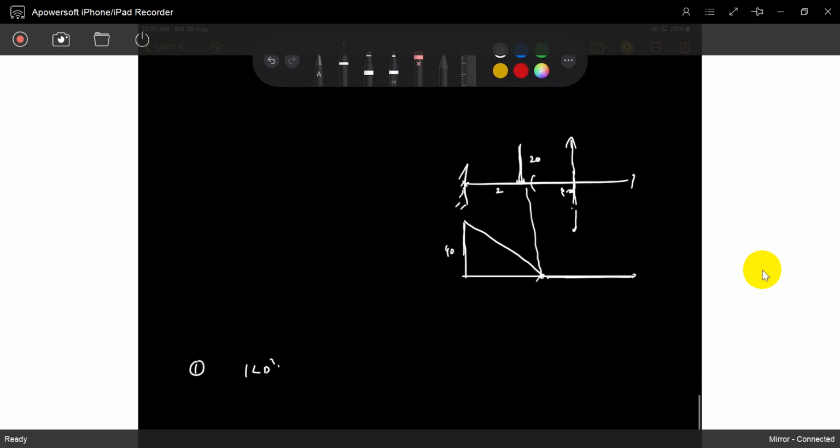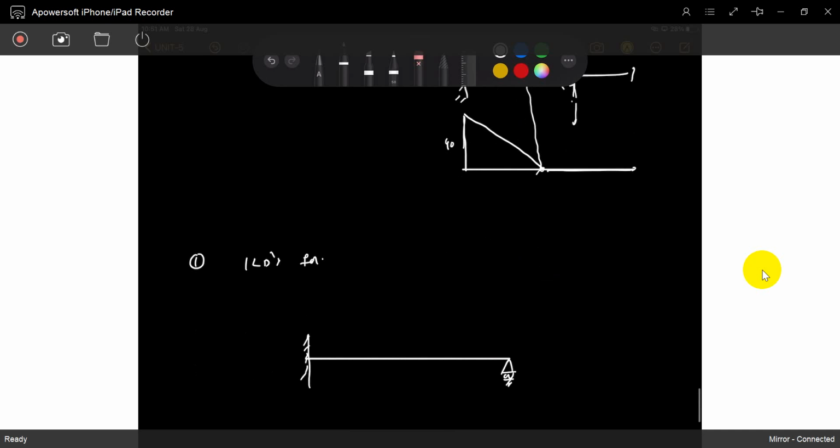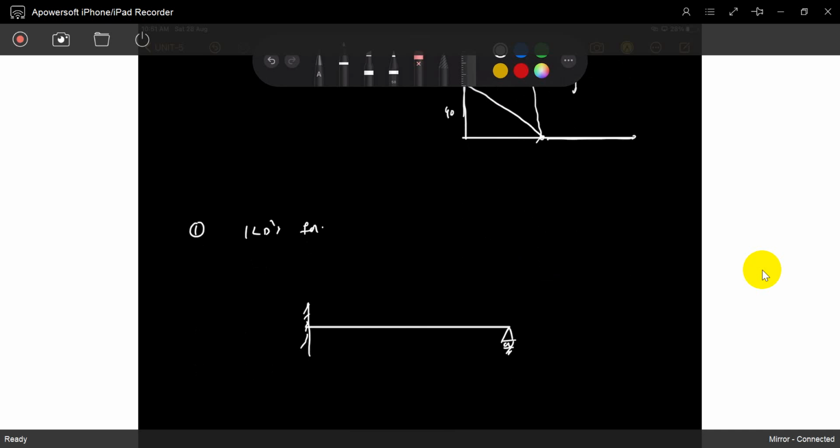Develop ILDs for this. Sir, this is a proper cantilever. It has indeterminacy of 1. So you can't directly find out the reactions and moments. So sir, you asked me to develop ILDs for only determinate structures. How did you give an indeterminate structure as an example?